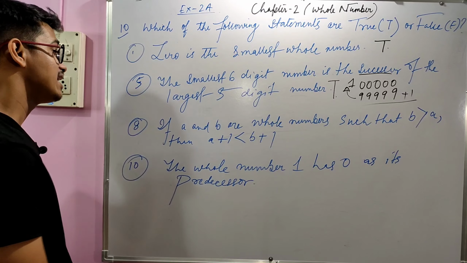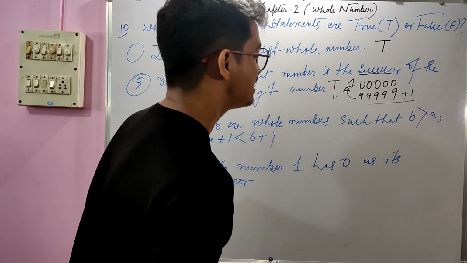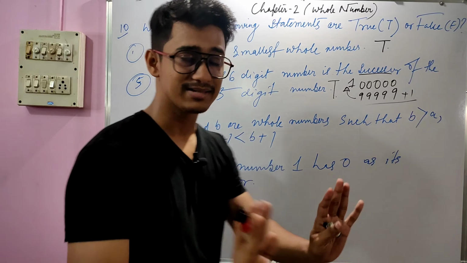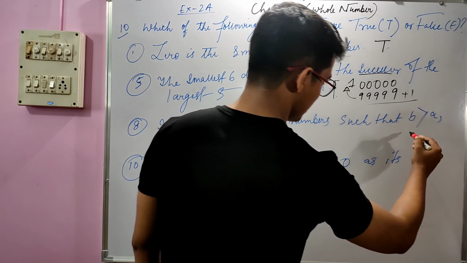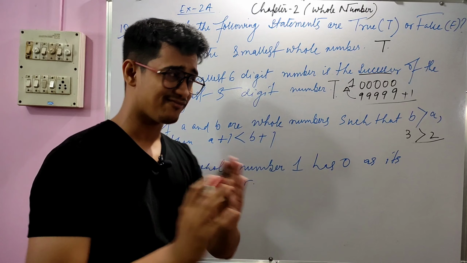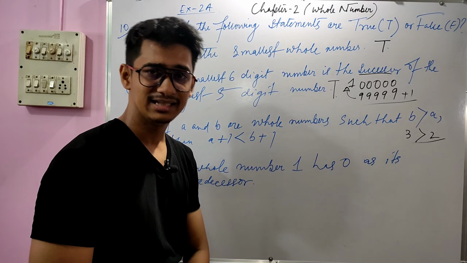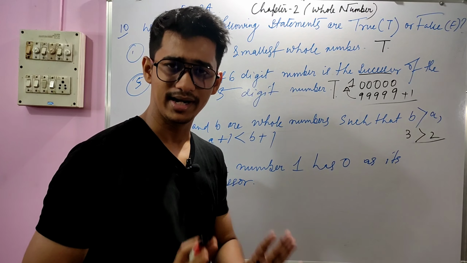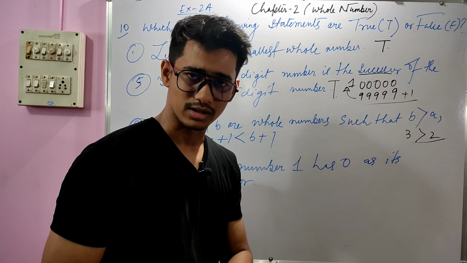So if A and B are whole numbers such that B is greater than A, let me take one example: 3 is greater than 2. So let's say A is 2 and B is 3, then 3 is greater than 2. Is it applicable or not?